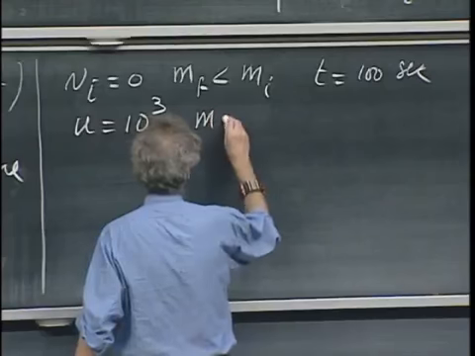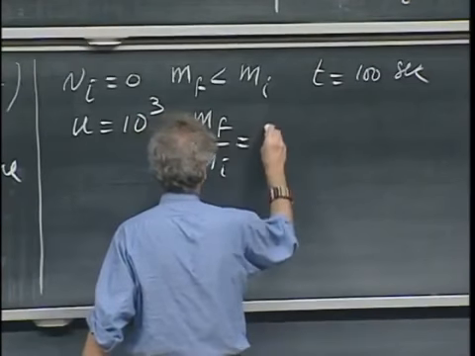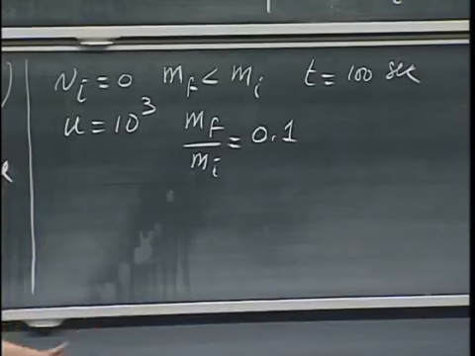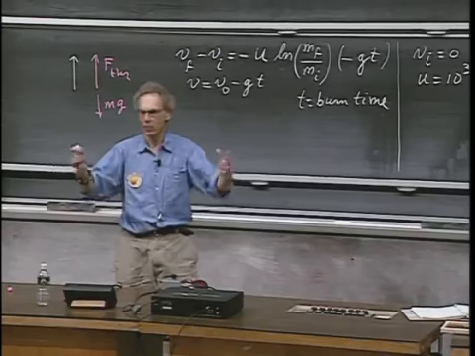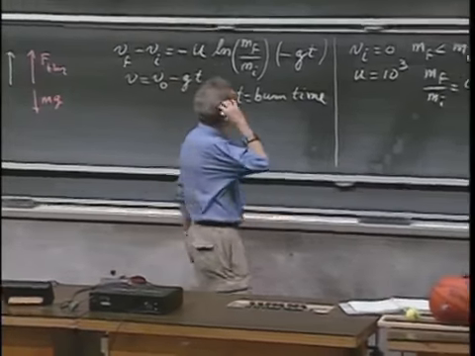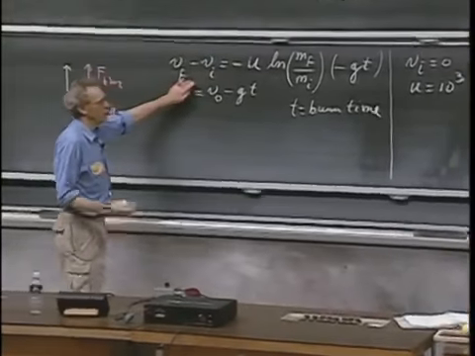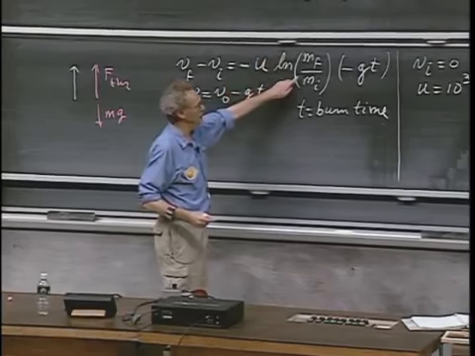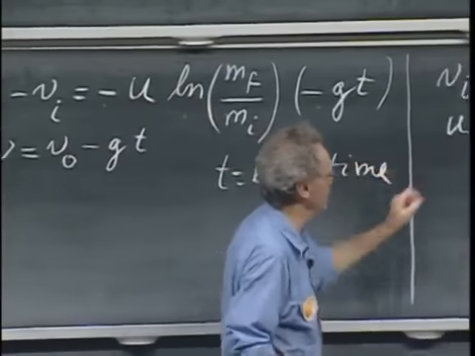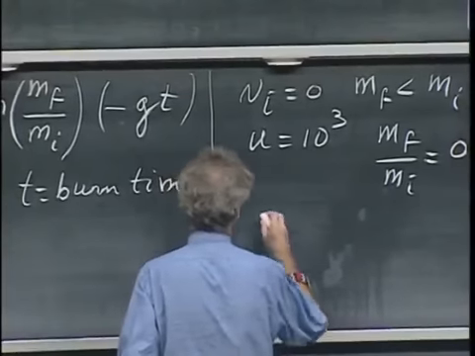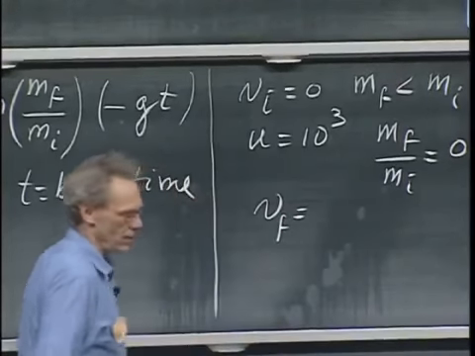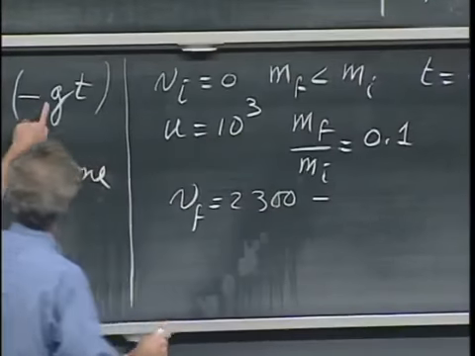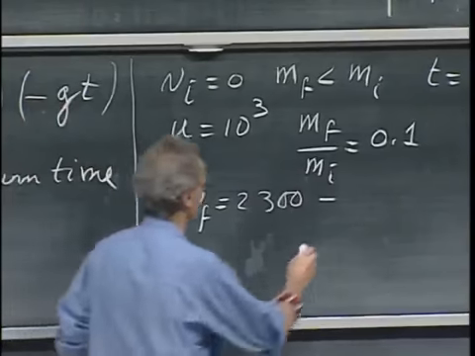And the final mass divided by the initial mass of the rocket is 0.1. So 90% was burned away. The fuel is gone. You have only 10% left when the burn is over. So now we can calculate, if this was a launch from Earth, a vertical launch up, how large this term is, take the logarithm of this value, multiply it by minus u, and then we find that the final velocity, the first term is 2300, and the second term, 100 seconds times g, which is 10, is minus 1000.